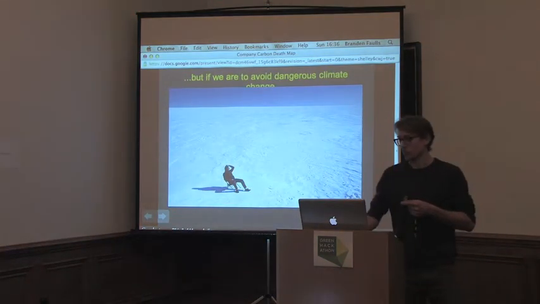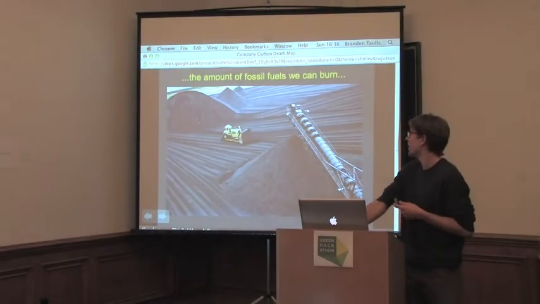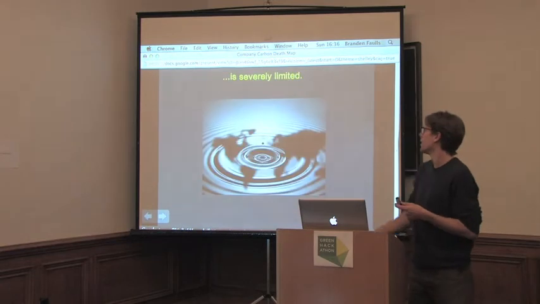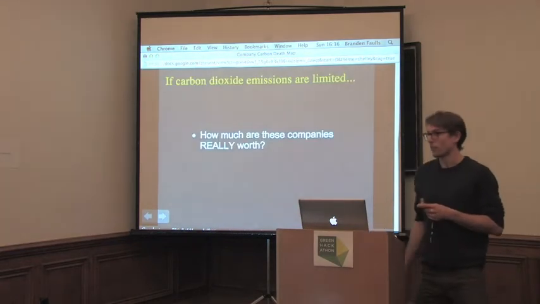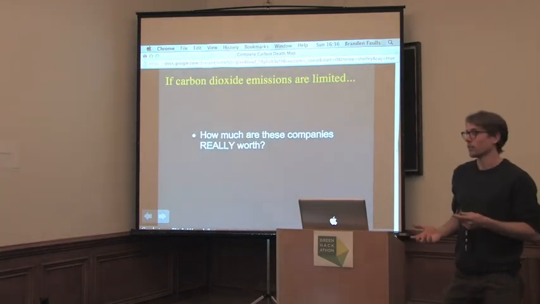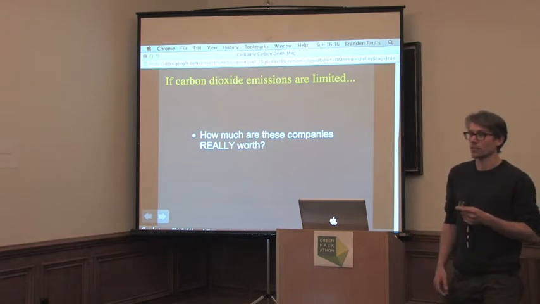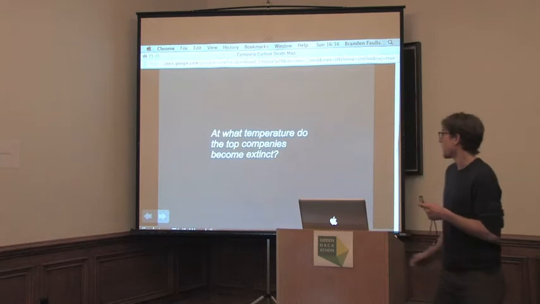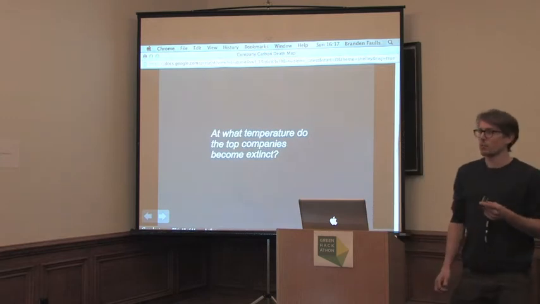If we want to avoid dangerous climate change, and the amount of fossil fuels we can burn is limited, then what's the actual value of these companies if we include this unpriced externality? Or perhaps more interestingly, at what temperatures do companies become extinct?